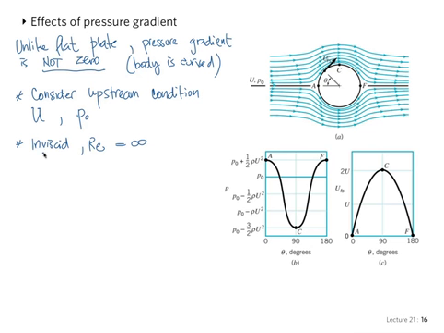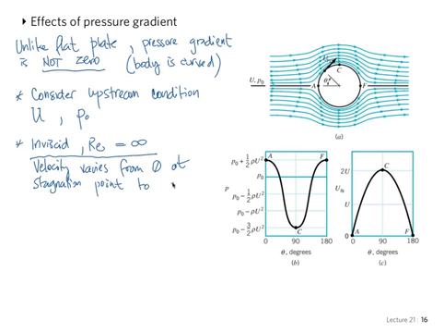So velocity varies from 0. Let me put the bar there to distinguish at the stagnation point to the value 2U, U being the unperturbed free stream, at that point of theta equal 90 degrees.